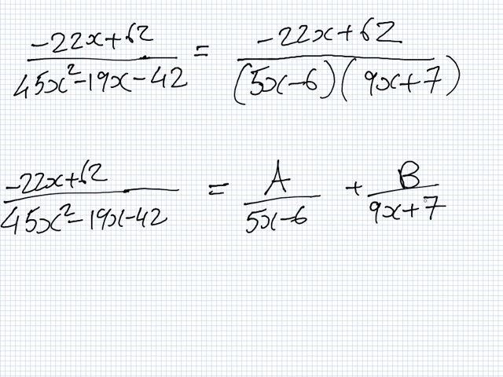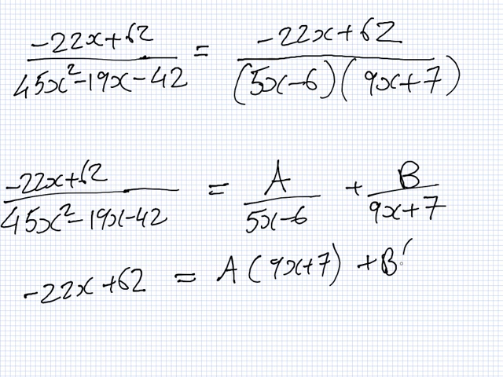What's the next step? Multiply by the two factors. After you multiply by the two factors, what do you have left here? Minus 22x plus 62 equals a times 9x plus 7 plus b times 5x minus 6.